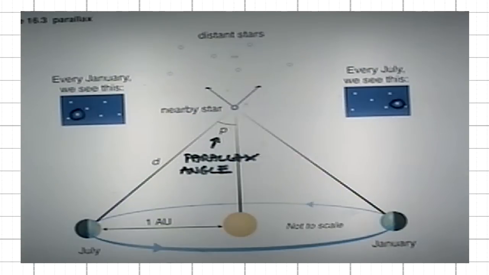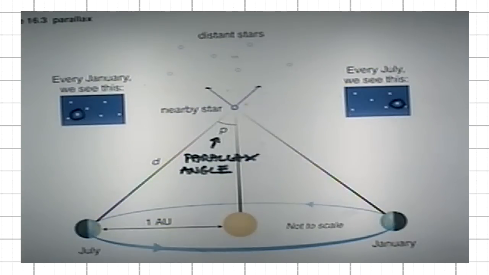Now, a degree, which is 1/360th of the full circle, is divided into smaller units: minutes of arc. 1 minute of arc is 1/60th of a degree, and 1 second of arc is 1/60th of a minute. That is, it is 1/3600 of a degree.